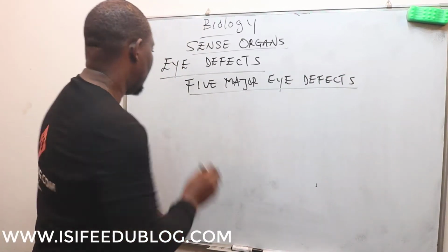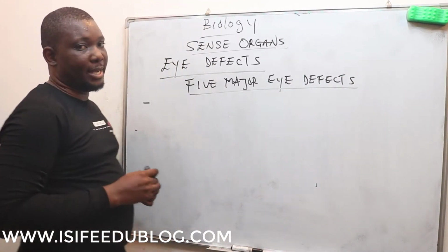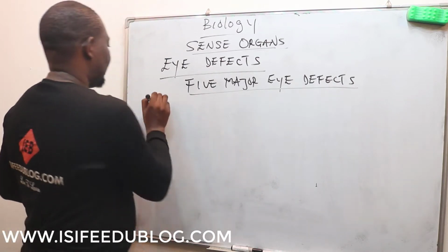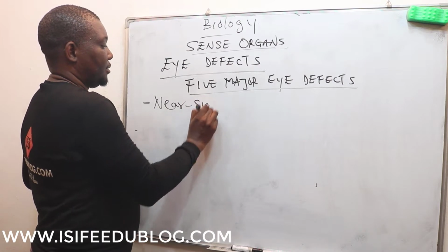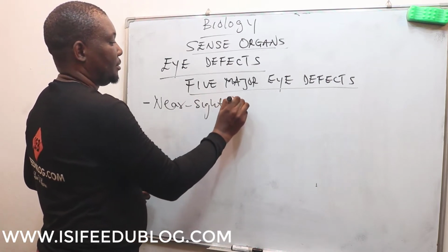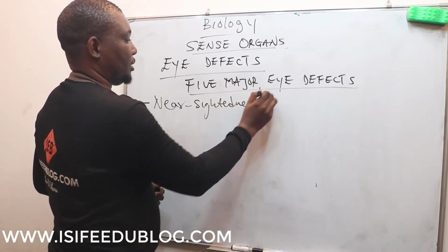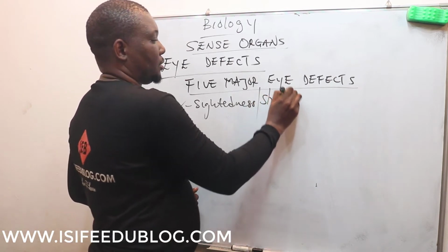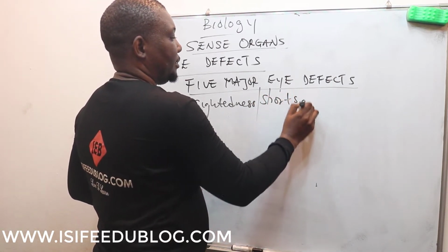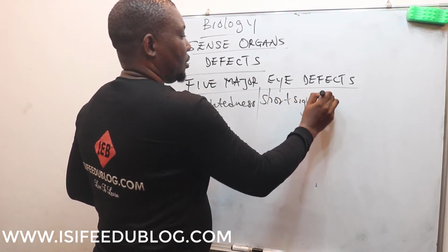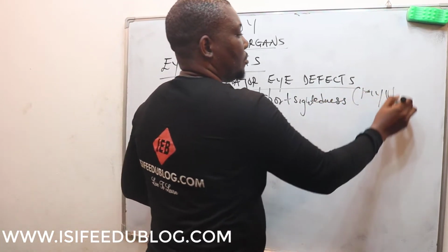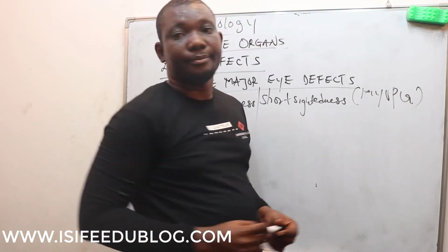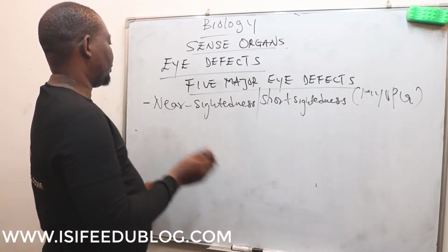We're going to start with near-sightedness, which you can still call short-sightedness or myopia. 2.